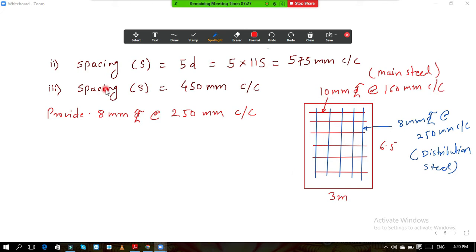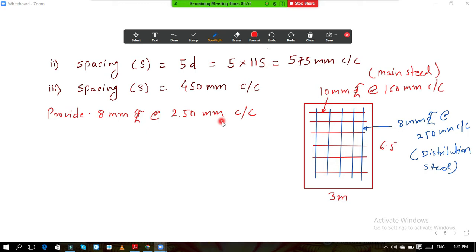First we provided the main steel parallel to the shorter direction, and then we provided its spacing according to the clauses given in the IS code. Then we provided distribution steel and calculated its spacing again using the clauses. So up till now we have solved this problem.